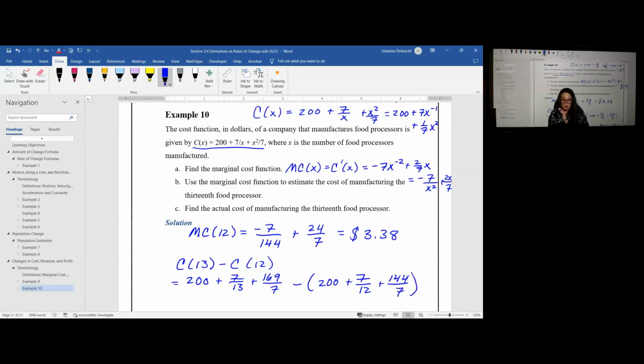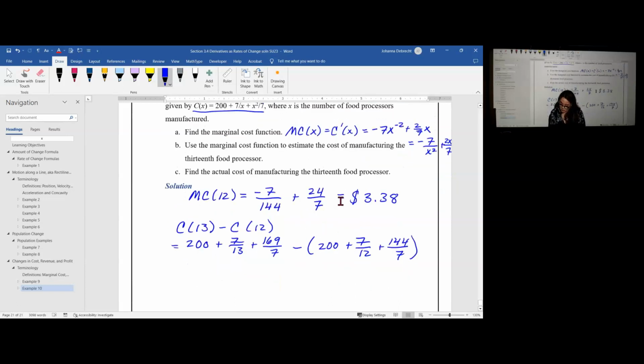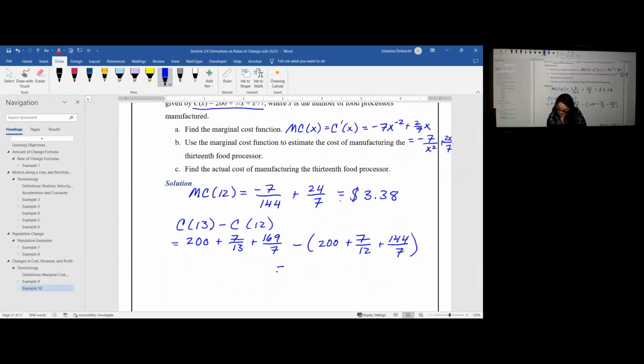When you work this one out, you come up with a value of $3.53, roughly. In other words, the actual cost of the 13th one is $3.53, but our predicted value, the marginal cost, was $3.38, which is pretty close.